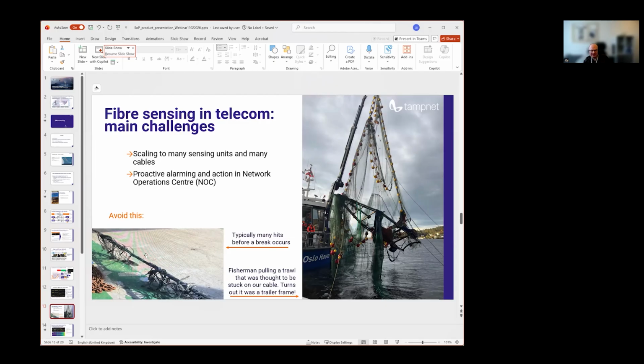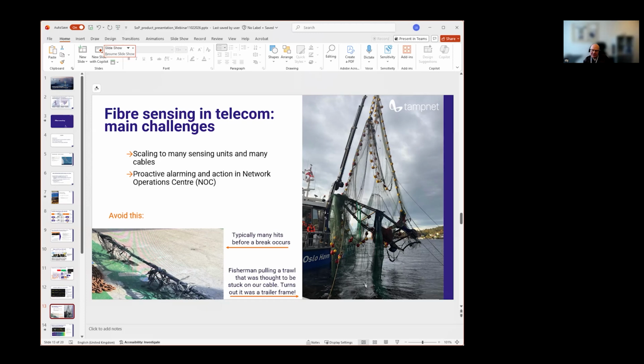So this is a typical cable that has been hit many times by trawlers before it broke. And this is from a repair operation. This is an example where a fisherman called us, telling us that he thought his trawl had been stuck in our cable.